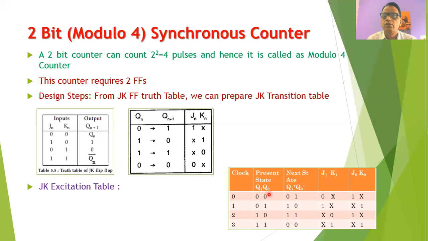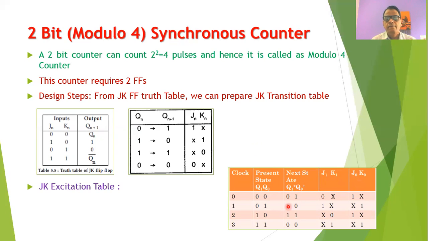And if you look at the transition of Q0 from 0 to 1, then you will find that there is an entry of j equal to 1 and k equal to x, and therefore we will write J0 is equal to 1 and K0 is equal to x.